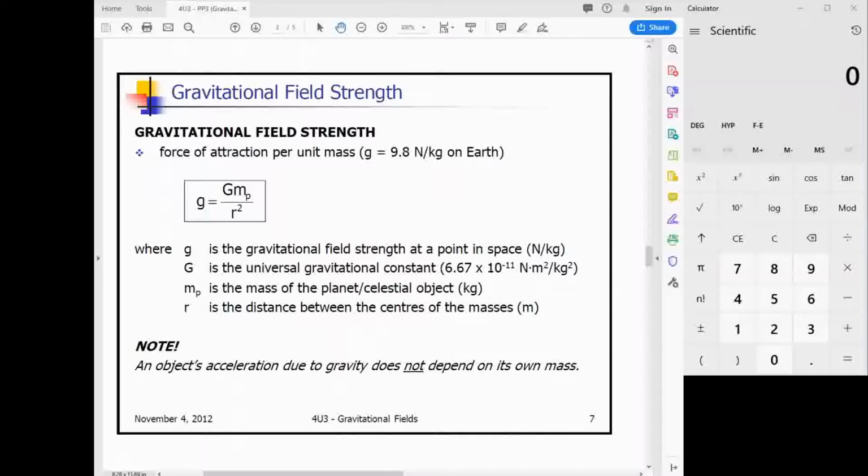It is calculated using this equation here: g equals big G times the mass of our planet over r squared. We write MP because it could be any large object. Usually it's planets, or it could be a star, it could be any other celestial object. So an object's acceleration due to gravity does not depend on its own mass is another point. I'd like you to copy that down as well.